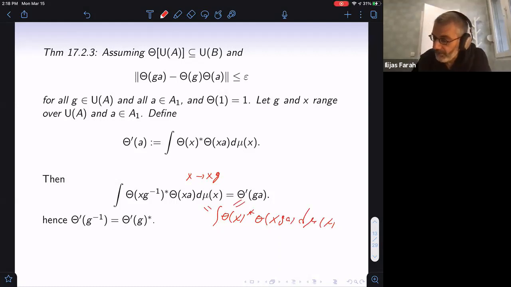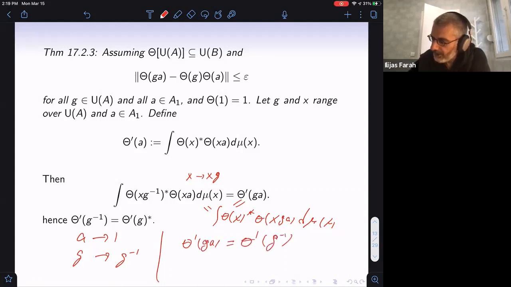Now from there, if you replace a with the identity and g with g inverse, what do you get? On the right hand side, this theta prime of ga is just theta prime of g inverse.